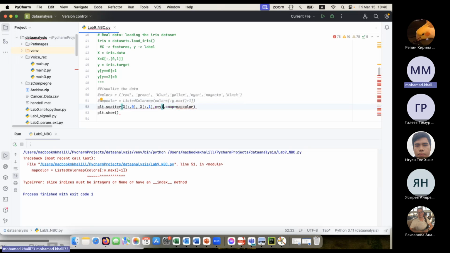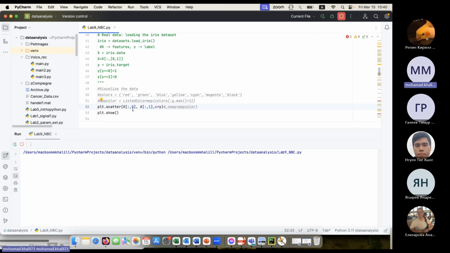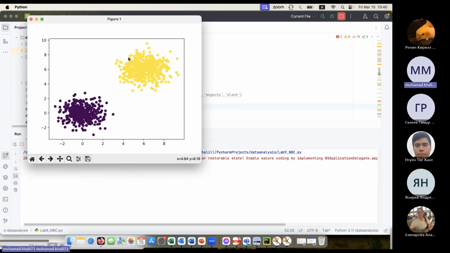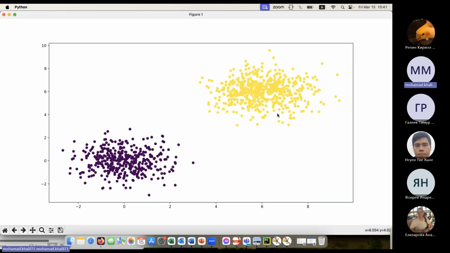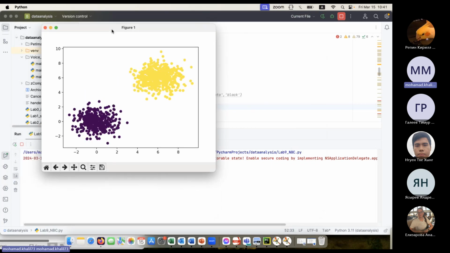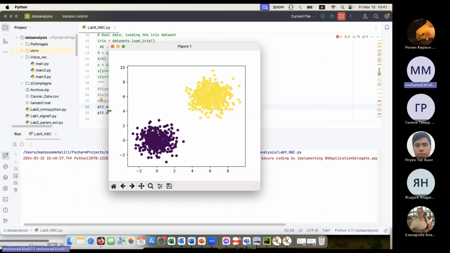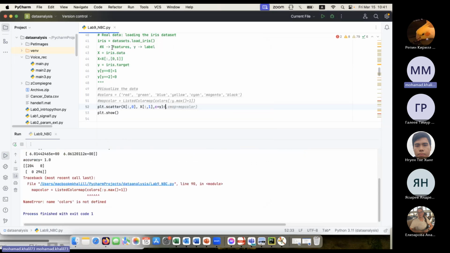I don't want to use the color map in here. Run. Look what I have. These are the centers 0, 0 and 6, 6. And we can see that the data are here. It must be circular, like that, around 0, 0 and 6, 6. Okay, so if you continue to put the classification, oh la la.